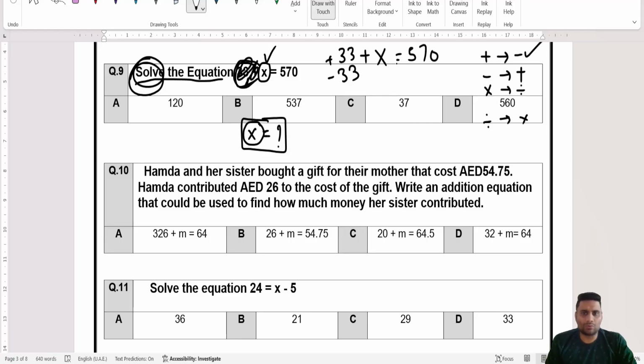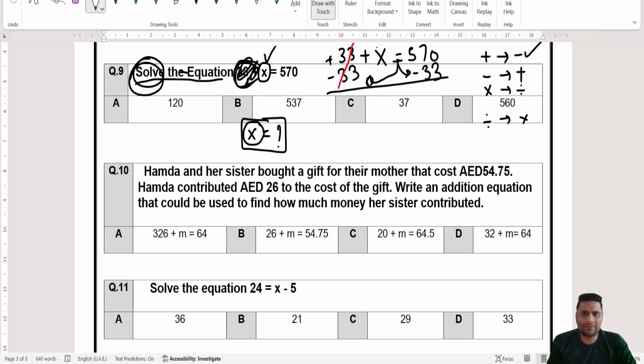Now there is one more rule. If you are doing something on one side of the equal sign, then you have to do the same thing on the other side also. I did minus 33 on the left side, so on the right side also I have to do minus 33. Now 33 minus 33 is cancelled.